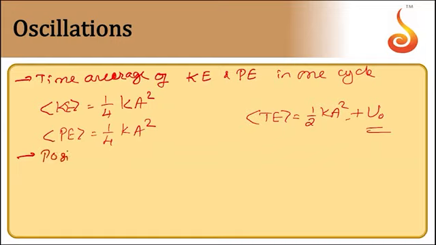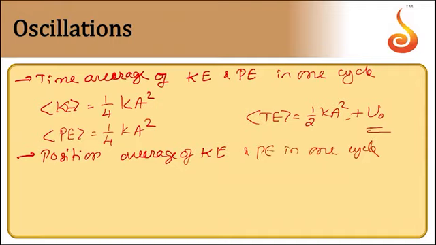The position average of kinetic energy and potential energy in one cycle. So average kinetic energy over one cycle is 1 by 3 Ka square. And average potential energy is 1 by 6 Ka square.